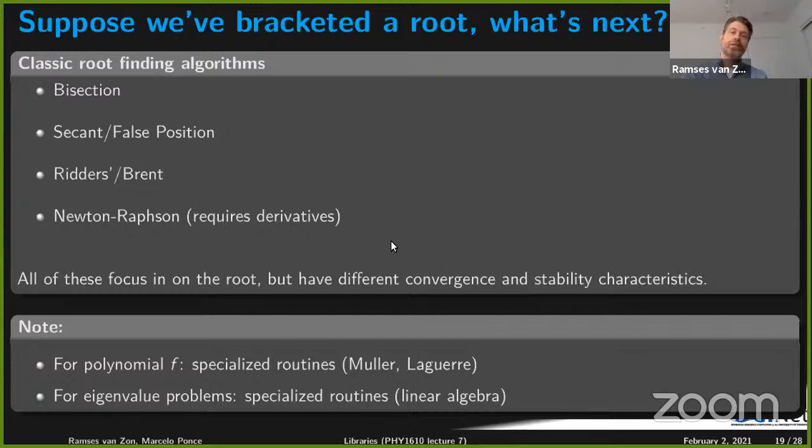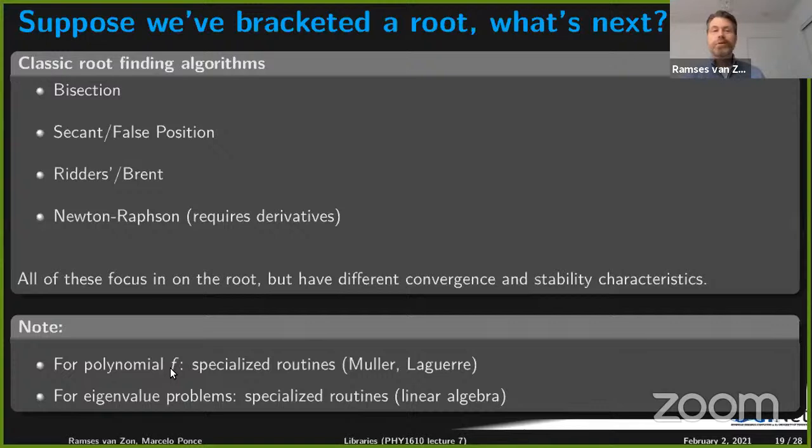By the way, these sort of classic root finding algorithms are all for generic root finding problems. If you have a specific case like polynomials, so you want to find the roots of a polynomial function, there are special routines for that. If you have an eigenvalue problem, so you have a matrix, you want to know its eigenvalues, those are the solution of a polynomial equation.